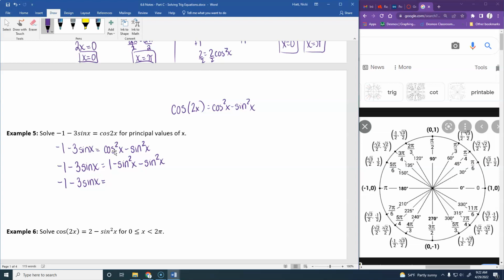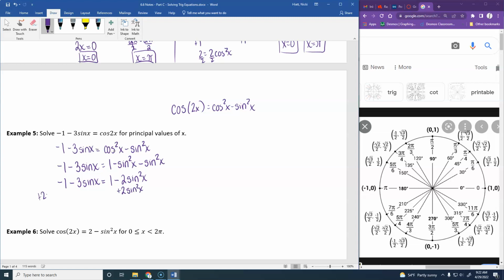Negative 2 sine squared x. So we'll get 1 minus 2 sine squared x. So I would do that first before I move everything. Now let's move everything like Connor said to do.